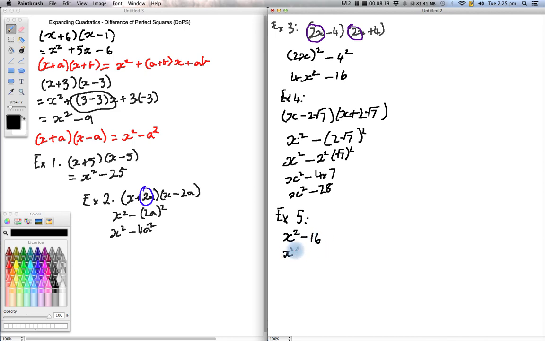Well, 16 is obviously 4 squared. Now we can work backwards: (x - 4)(x + 4). So we can work backwards if we want to using our difference of perfect squares. So there we go.